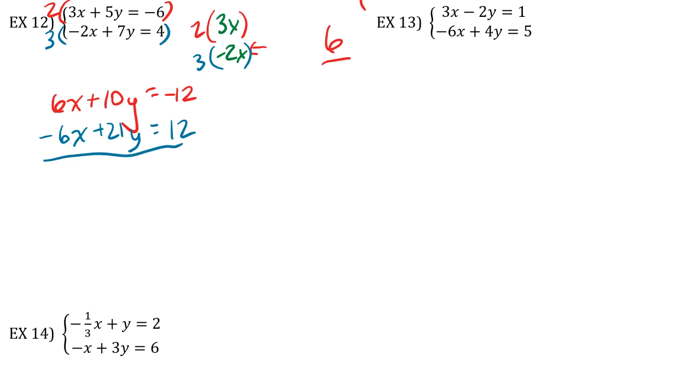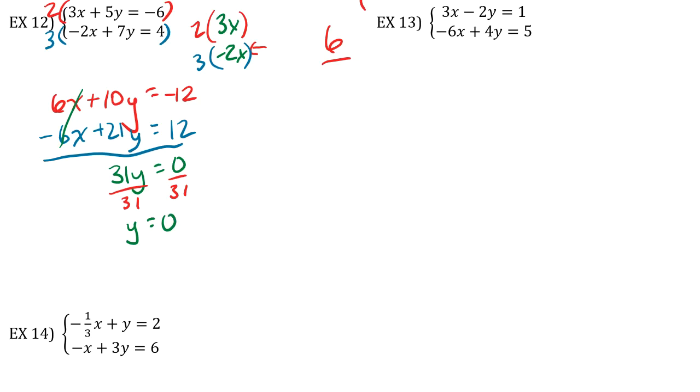Now we can go ahead and add these up. So just like we wanted, 6x minus 6x cancels out. 10y plus 21y gets us 31y equals negative 12 plus 12 is 0. Divide both sides by 31, and 0 divided by anything is still 0, so y equals 0 is our first variable solved for.